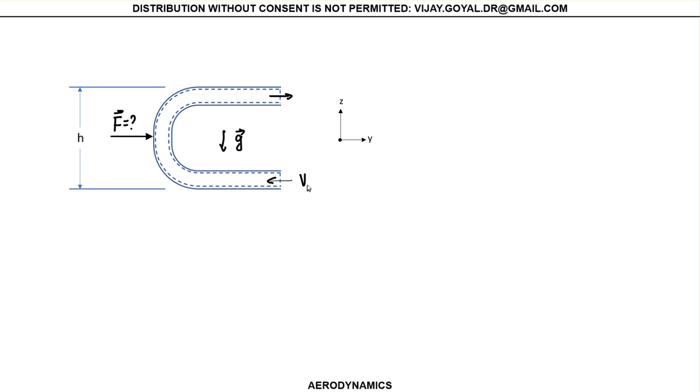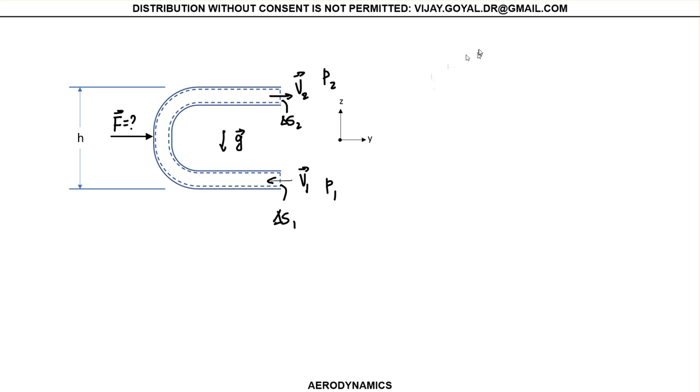We know V1. So this is V1. This is V2. The area is delta S2. This area is delta S1. The pressure acting in the opening here is P1. Pressure acting here is P2 in this opening.